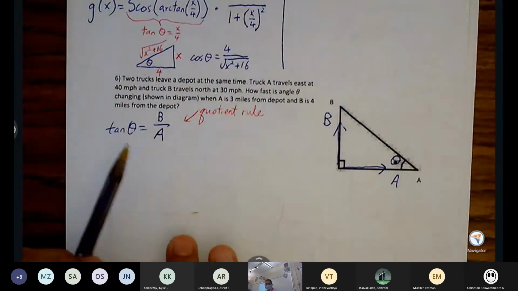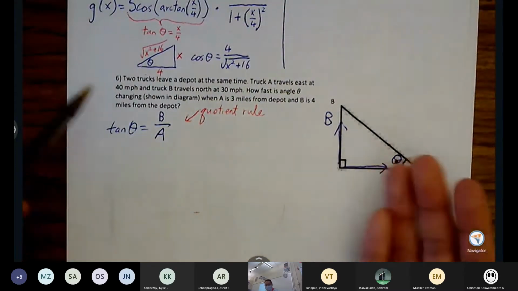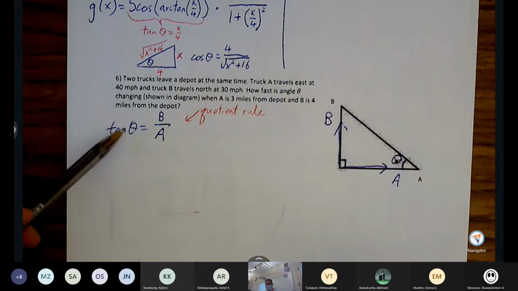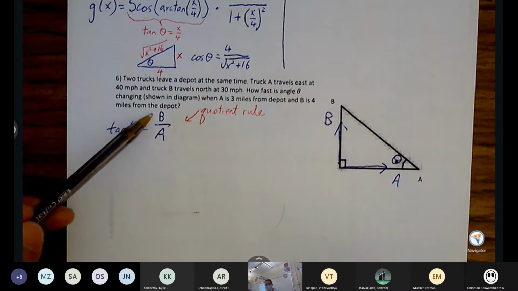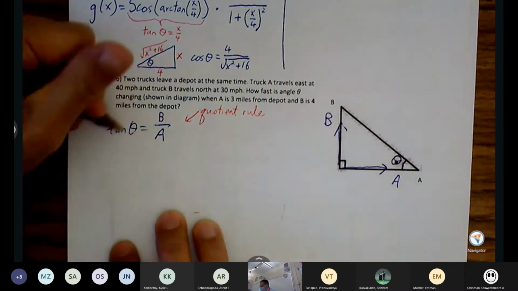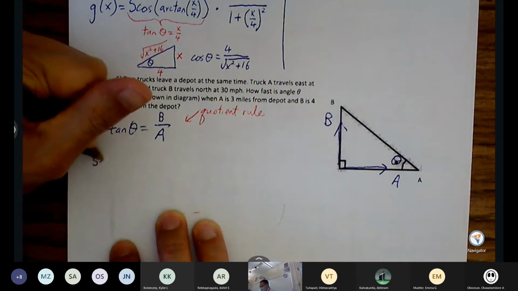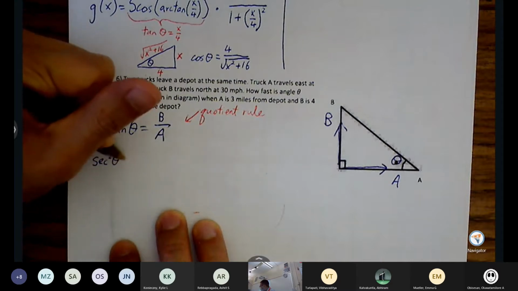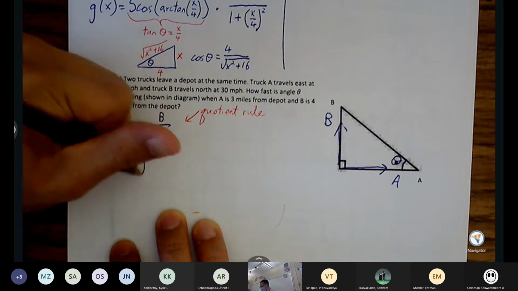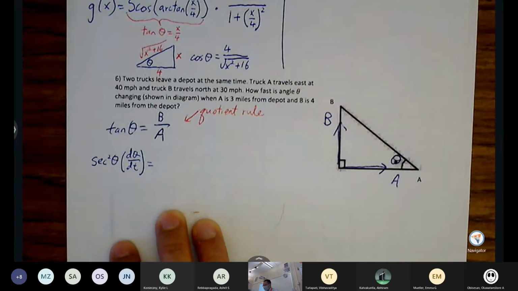Okay. And also with related rates, we're expecting a couple of other derivatives, right? We're expecting d theta dt, we're expecting dB dt, we're expecting dA dt. Okay, so tangent becomes secant squared. Okay, quotient rule, right?